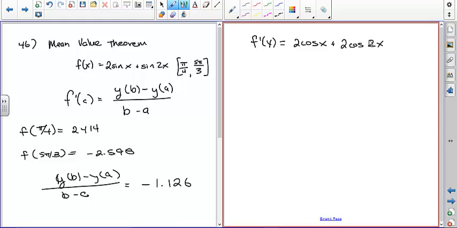A lot of people would take the derivative of the sine of 2x and they forget the 2 part. Instead of 2 cosine of 2x, they'll just put cosine of 2x. There's enough occurrences of that in your test that you don't want to mess that up, so you don't get that wrong every time.